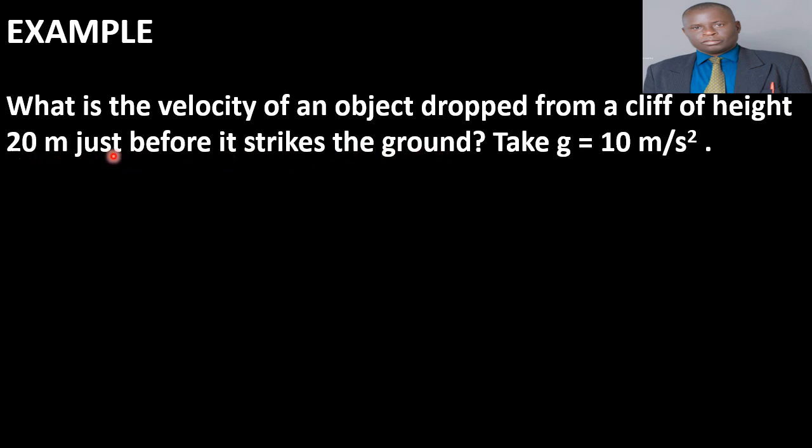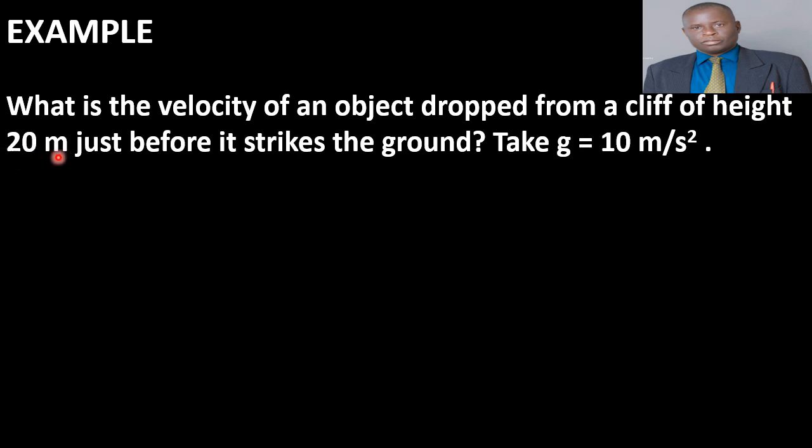All we are given is the height at which the object is. A cliff is something like a tower, something which has a height of 20 meters.